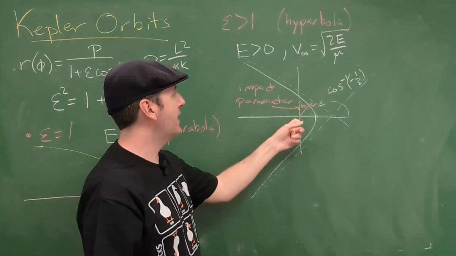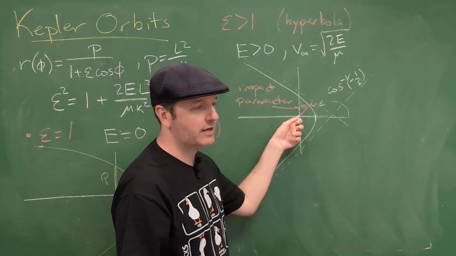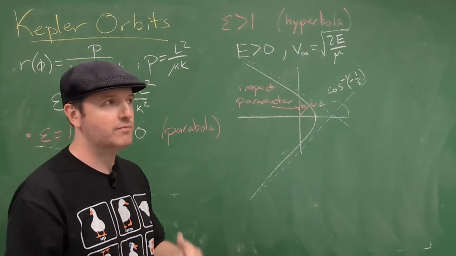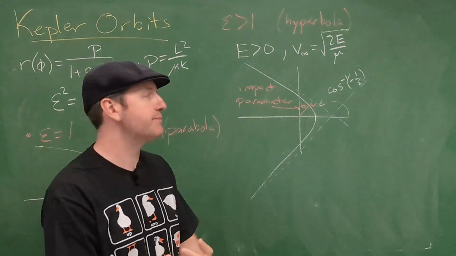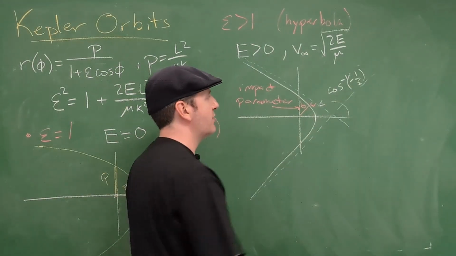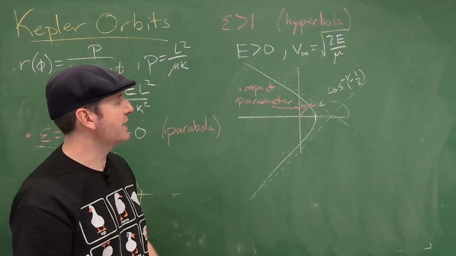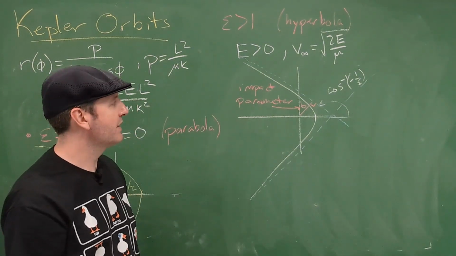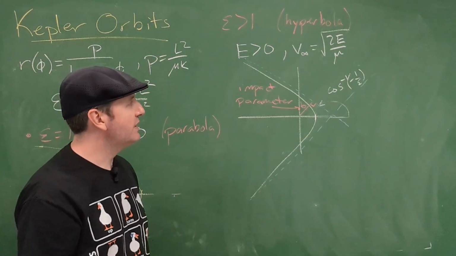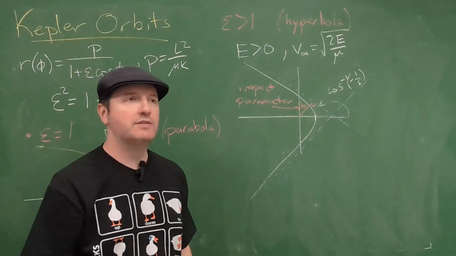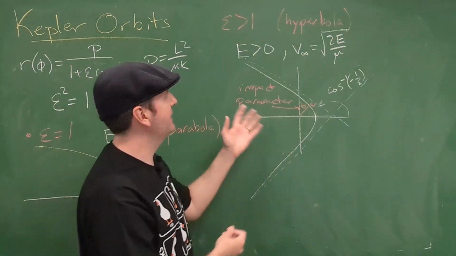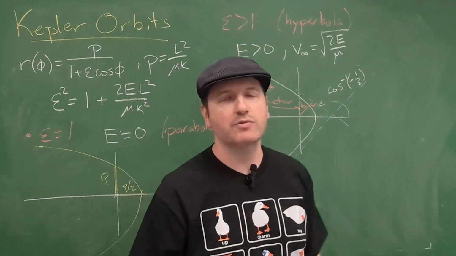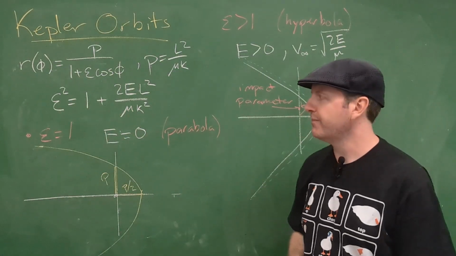For example, if I was looking at the scattering of a charged object versus a similarly charged object, meaning both positive or both negative, the other branch of the hyperbola would help us understand what the trajectory of that particular object would be. So the other branch does make an appearance if kappa in all of these formulas is negative in a sense, but we'll leave that for a different discussion.